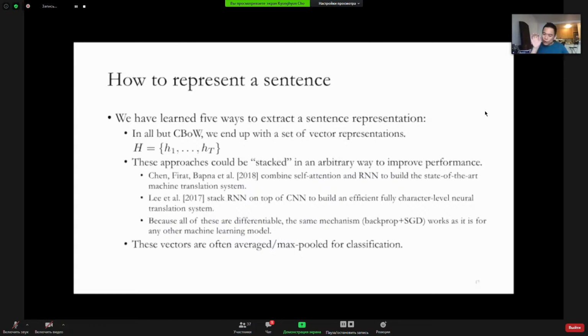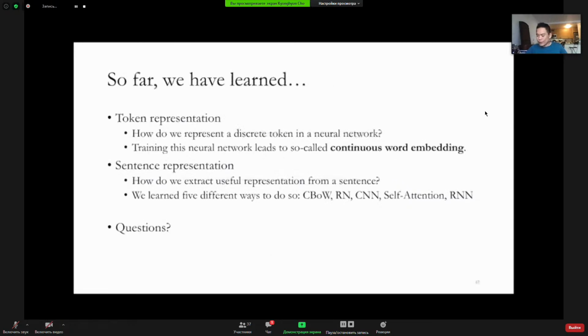And at the end of the day, for the particular case of text classification, we need to average or max these vectors or the representations in order to solve the problem. However, in the case of language modeling and machine translation, which we're going to look into in the next hour, that's not necessary. So I think that we have 8 minutes of break before the second lecture.